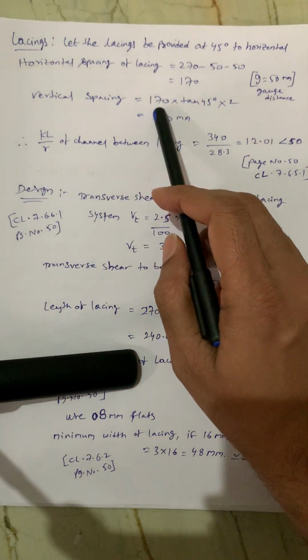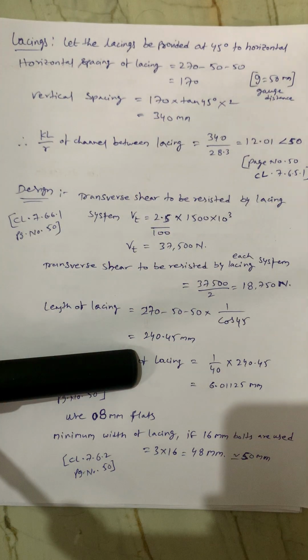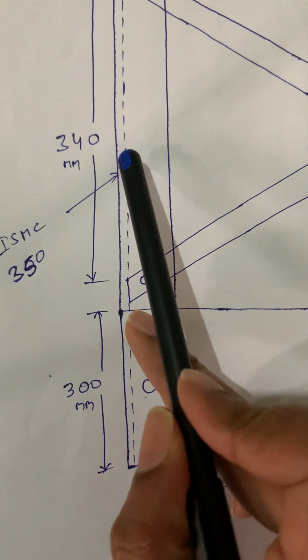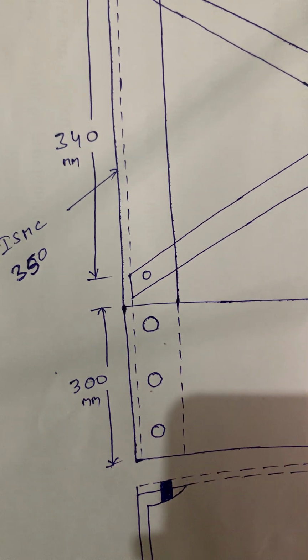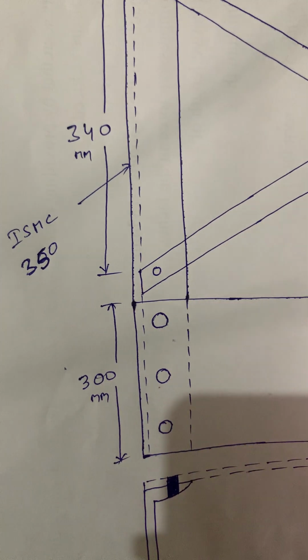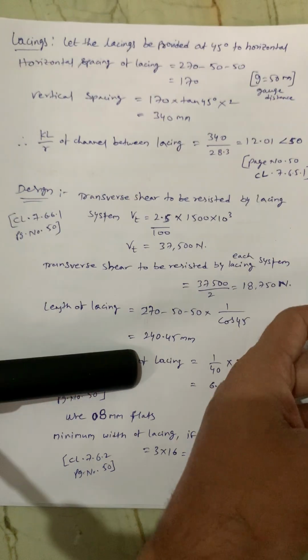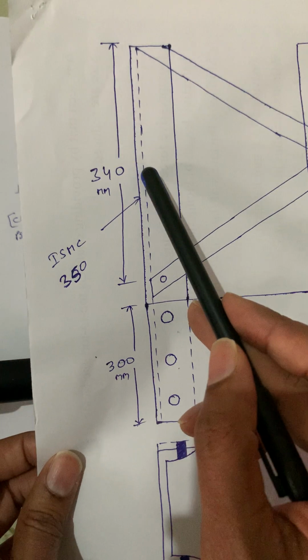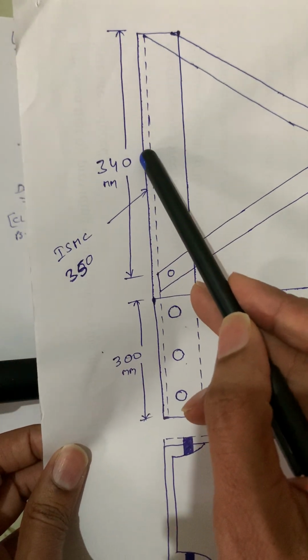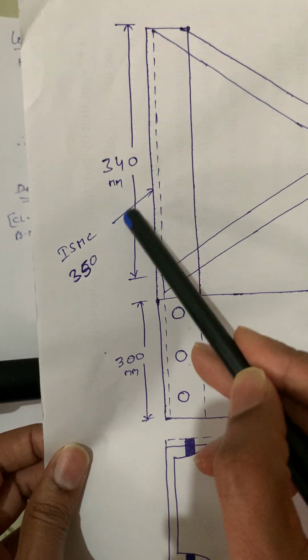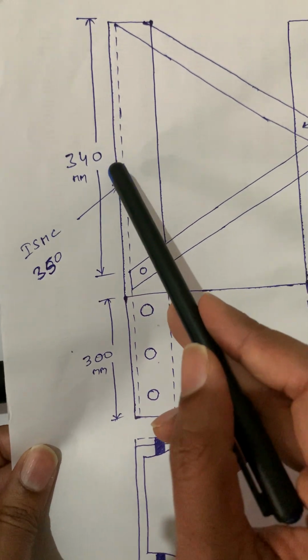We know the formula. I considered the center of this as a right angle. Half of this, from here to here, is 170, because this is 340. Half of 340 is 170.